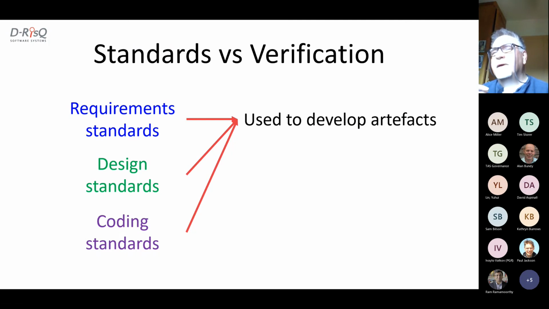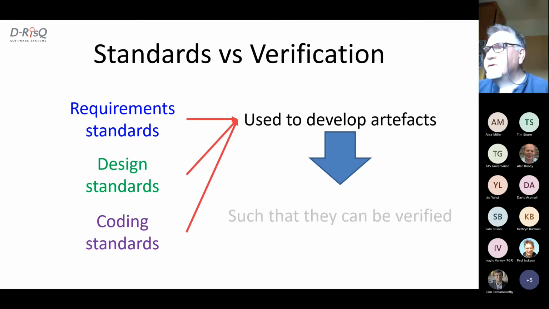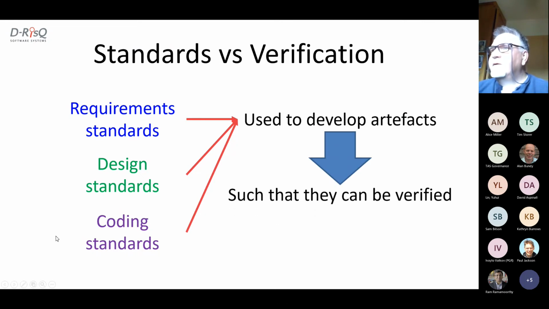And what we want to be able to do is to take that further, to satisfy what DO-178C actually says and other standards implicitly do. So it's using these standards to develop artifacts in software development so that they can be verified. And that's quite often missed, especially in things like requirements.